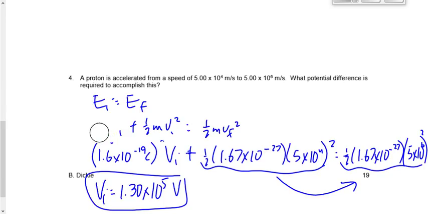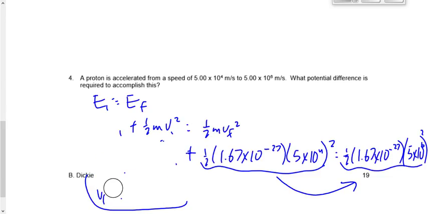If we're looking for the initial potential, instead of saying qV, why don't we just say E_P? Right? Does that make sense? The initial potential energy plus the initial kinetic energy equals 1/2 mv squared. And why don't we just solve for E_P here right away? Does that make sense? Your way works. It just means more work. That's all.